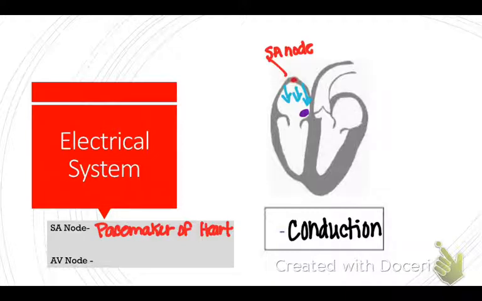Now, all of this can't happen without the action potential. So you've got to think back to the cellular level and the action potential where depolarization and repolarization occur within the cardiac cell.